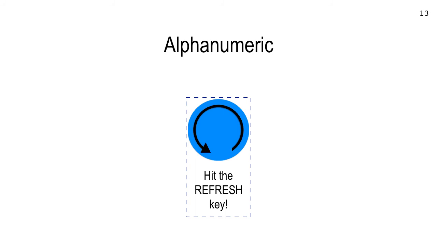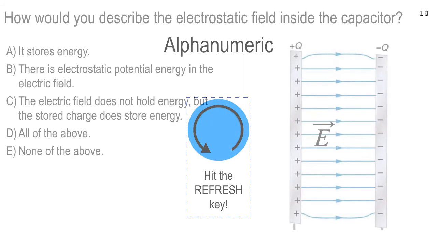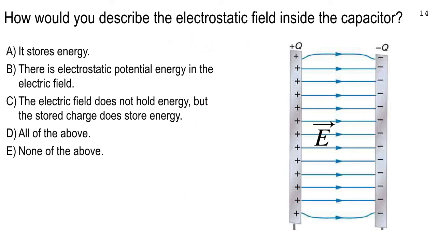and let's do this one. So hit the refresh key, type in a letter, and this one I'm going to grade every answer correct, because this is more like a public opinion survey. But give me your best thought.